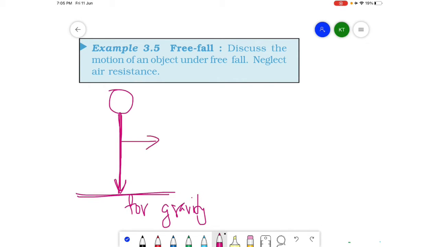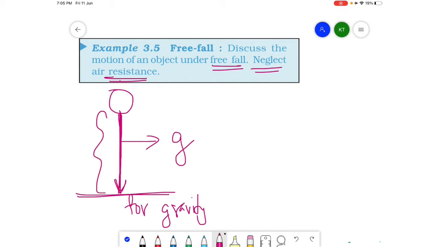The magnitude of acceleration due to gravity is given by g. Since we mentioned to neglect air resistance, if the air resistance is negligible, we call the fall a free fall.